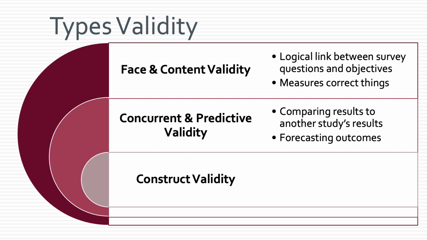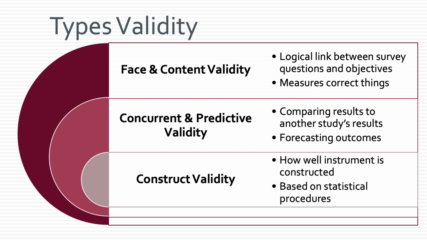Concurrent and predictive validity is comparing your results to a similar study's results, and also being able to forecast outcomes from the data, from the results of your research. And then construct validity is just how well that data collection instrument is constructed, and that the data is analyzed using good statistical procedures.